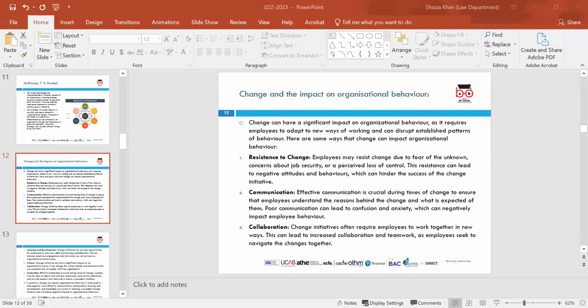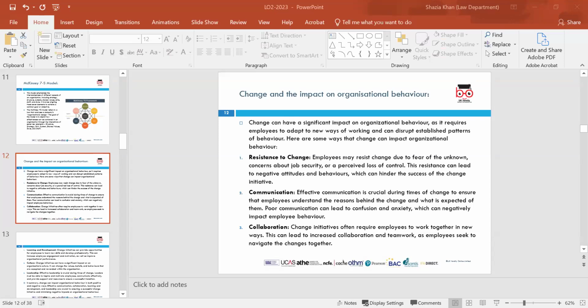Because it brings up a good image to the customers. Yes. Would it impact on the work as well? I think it will, yeah. Yes, it does impact the work they do. It could be that they're resistant to change. Employees may be, it's all to do with the fear of the unknown, that they don't know what's happening with their job security.